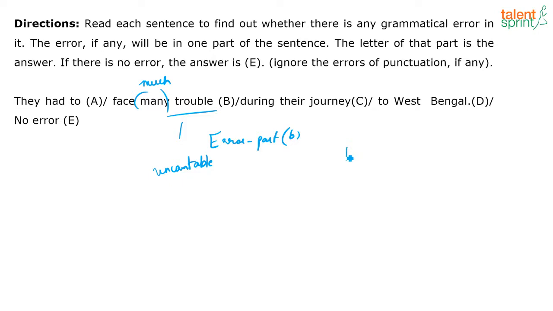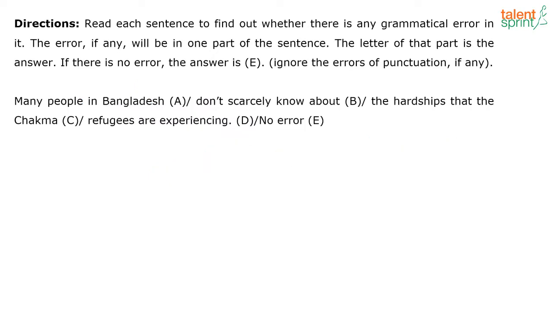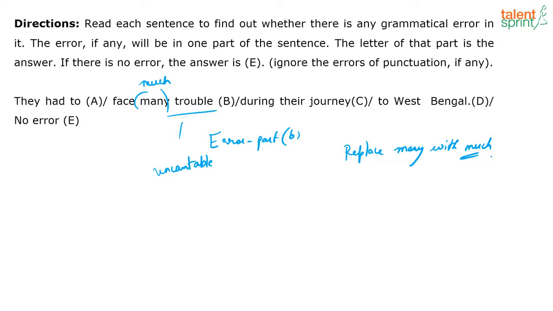So, I need to replace many with much. So, it's a tricky word, this trouble. Depending on the context meaning, it can either take up a countable or an uncountable meaning. Are you following? But generally, note that trouble is uncountable, right?